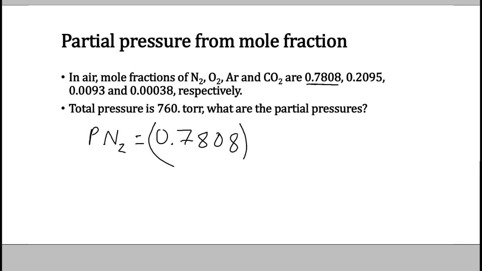It doesn't have any units. Multiply by the total pressure. And the total pressure here is given to be 760 torr. So keeping in mind sig figs here, we should end up with 3 significant figures. This should end up being 593 torr.